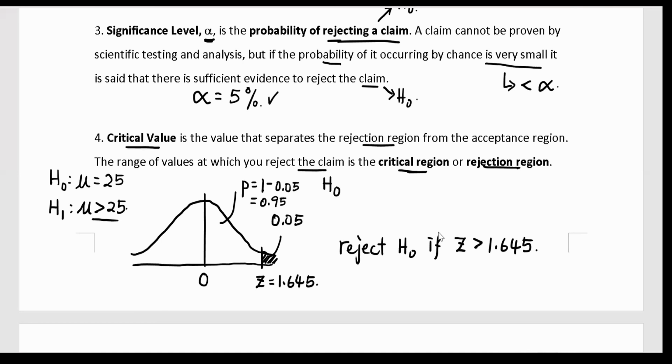The big area here is what we call the acceptance region. By saying critical or rejection region, again, it means we are rejecting the H0.